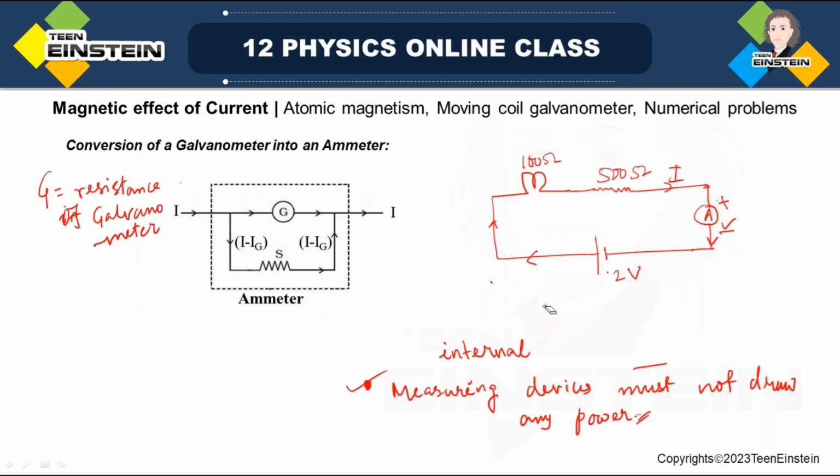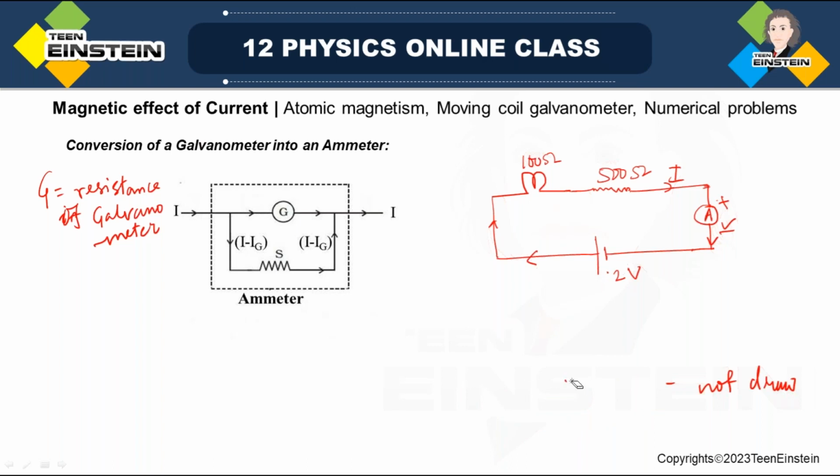We cannot use the galvanometer directly. Now let us see what modification we should make. See this figure. This is the galvanometer. It has certain resistance G.